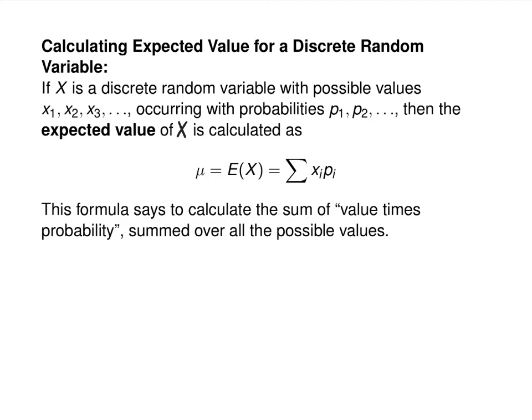If x is a discrete random variable with possible values x1, x2 up through some number that may or may not be finite, occurring with the corresponding probabilities p1 through something, then the expected value of x is calculated as the mean mu equals E of x, which is the sum of the xi's times the pi's. So the formula says to find the sum of the value times probability over all possible values, which we already said.